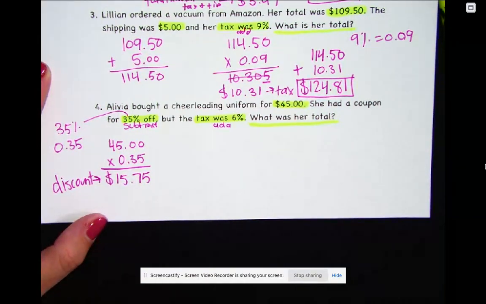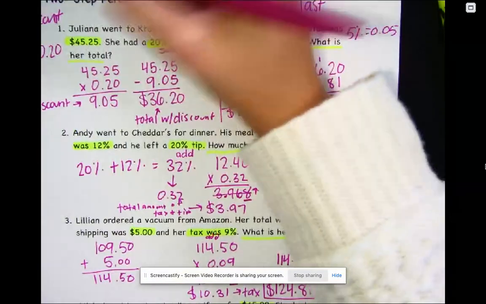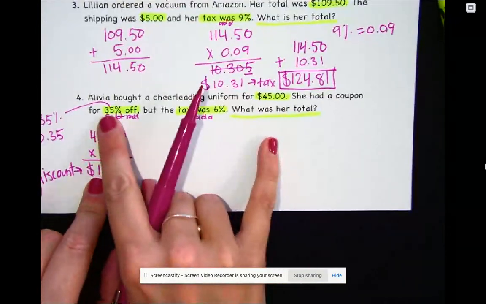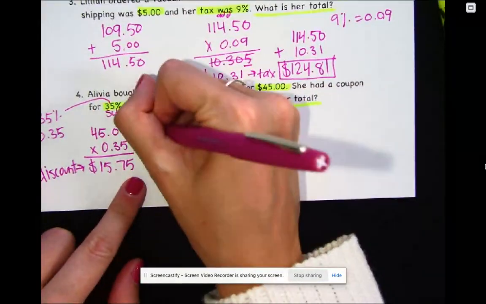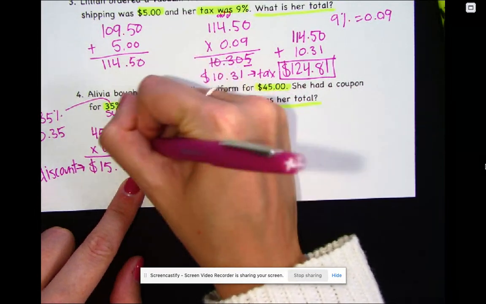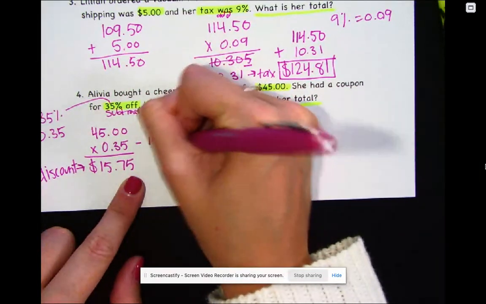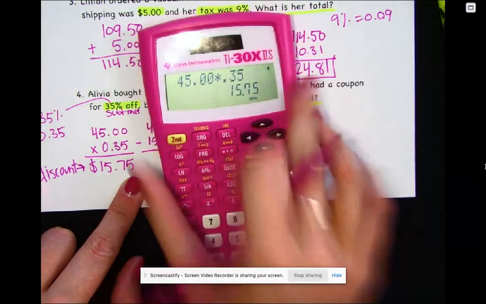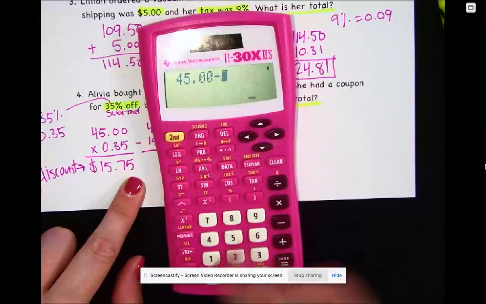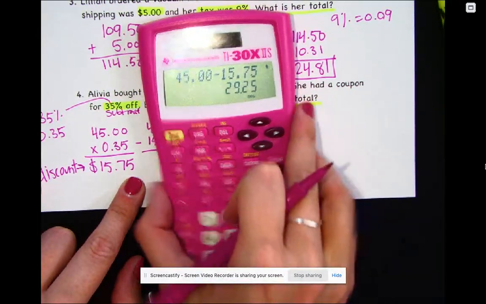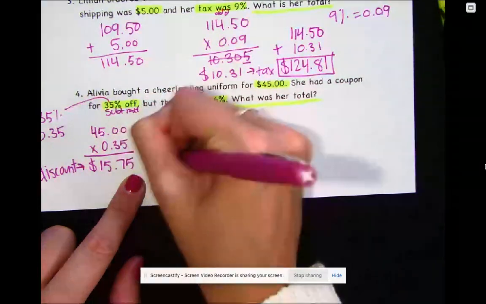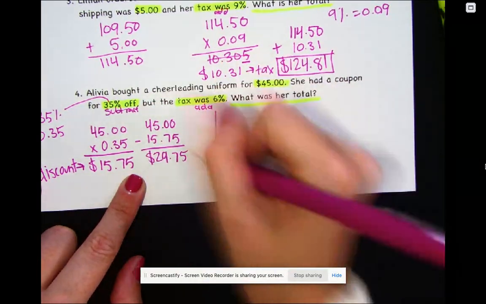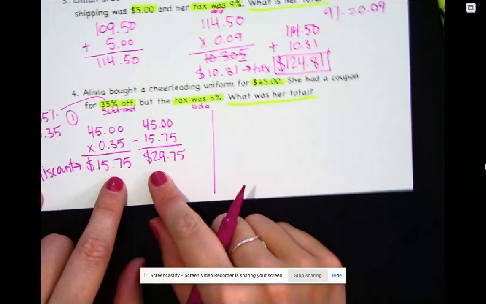Now, remember, up here we wrote multiply, then add or subtract. So we multiplied, and what did we write? We wrote subtract. So we're going to take our total and subtract that discount we just found. So grab your calculator, do $45 minus that $15.75, and I'm going to get $29.25.